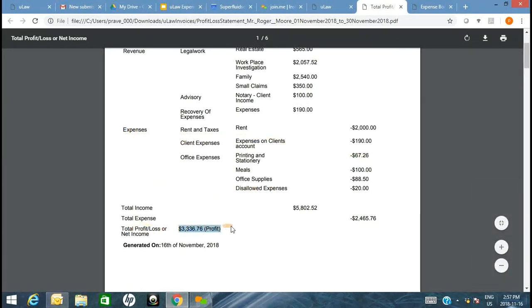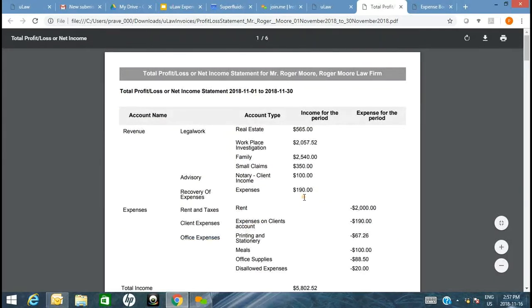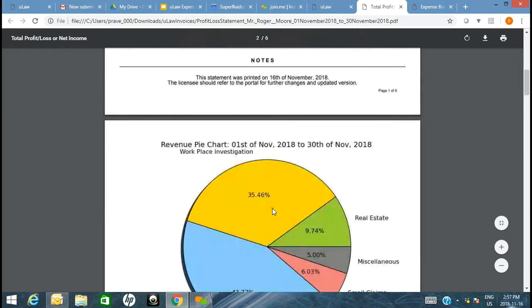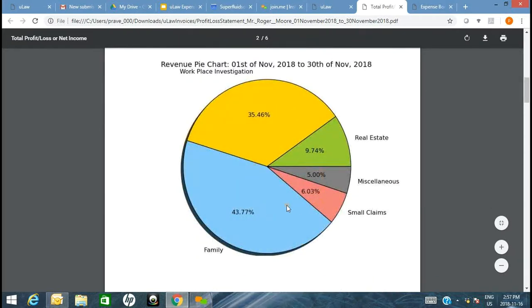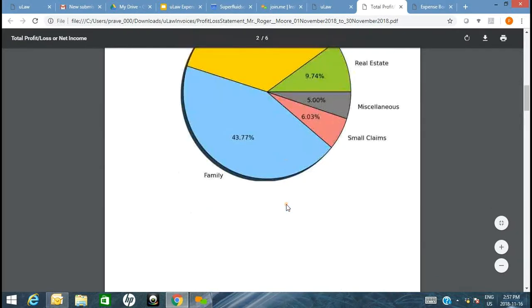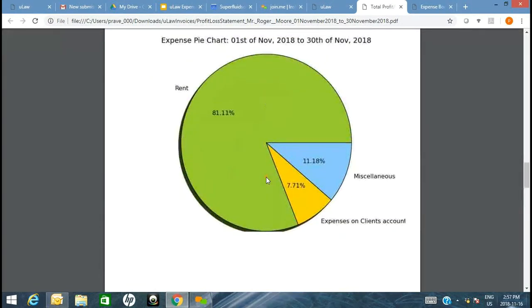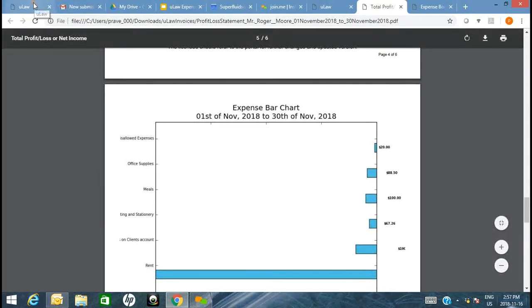The total profit and loss is about $3,000 of profit, because you had about $5,800 worth of revenue, about $3,000 worth of expenses, and that's the profit and loss. Also tells you where that went into. Okay, that's the revenue by chart. That's the monthly expenses chart.